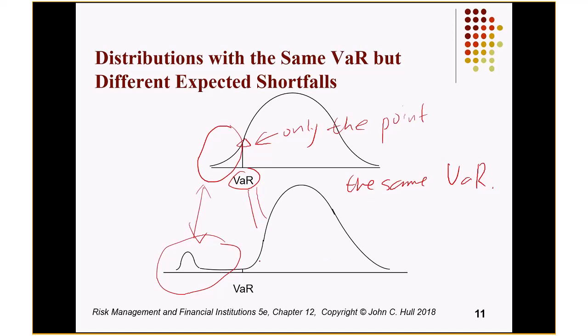If you are in this distribution, you can lose a lot here, while here you probably lose a lot less, or your loss is not that significant compared with this distribution. We all know the distribution is real, right? We have a probability of losing. Here, even though it's small, when it happens, it can be very bad.